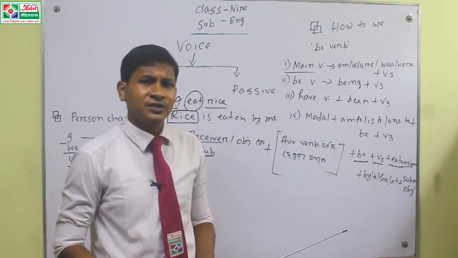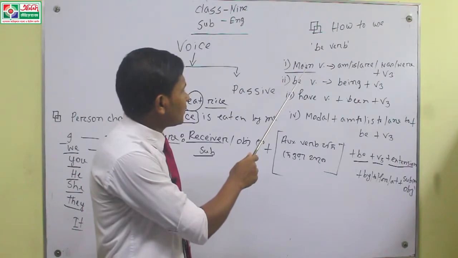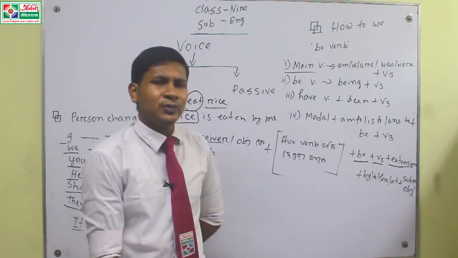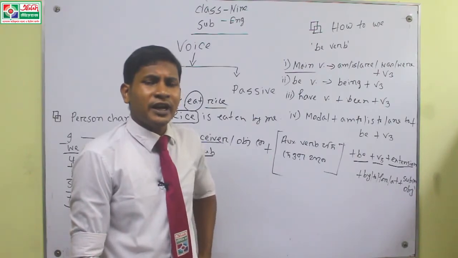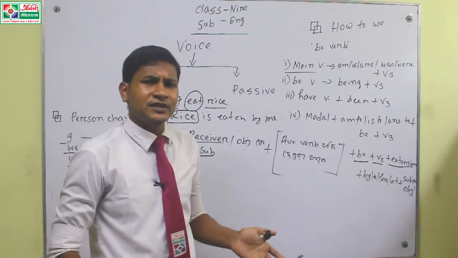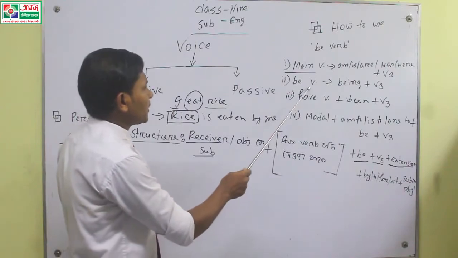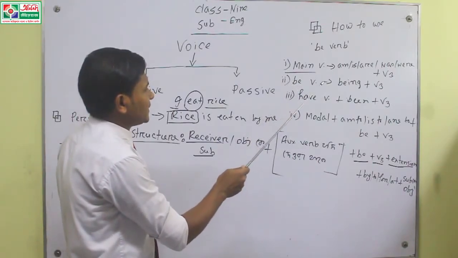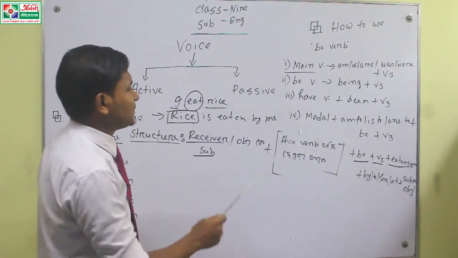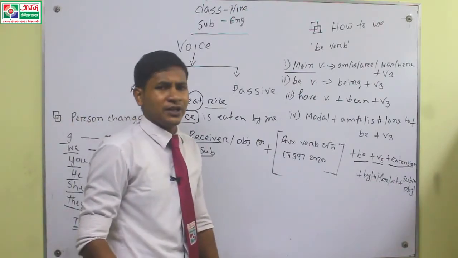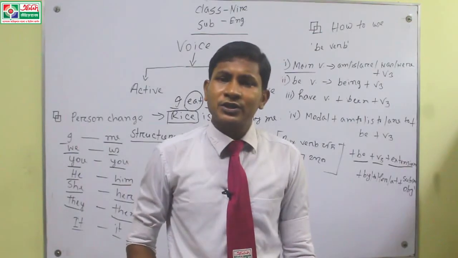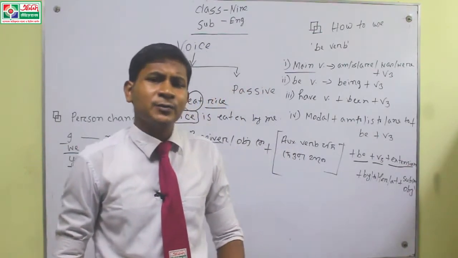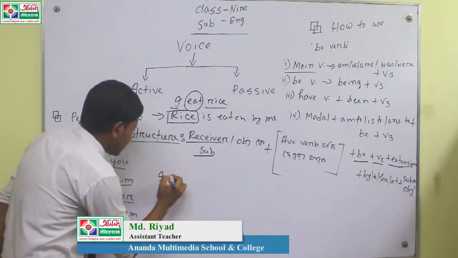Do you understand? If the verb is in first form, we can use the be verb according to the sentence and tense. If the be verb is given in that sentence, we use being after the be verb. For example, I am eating rice.